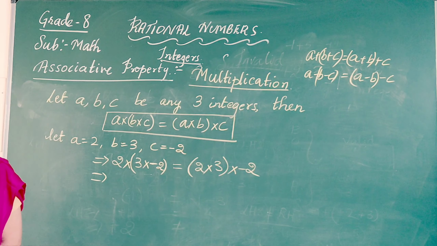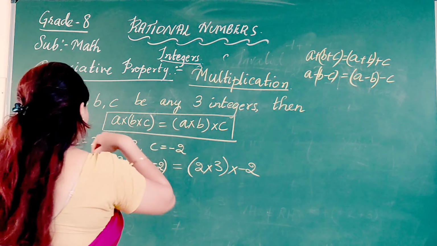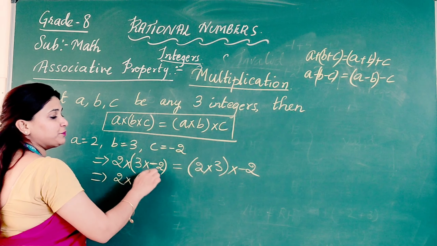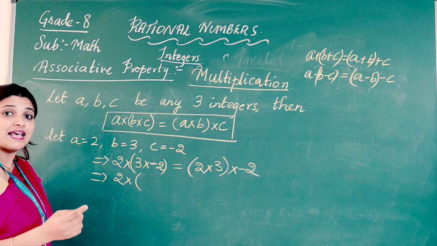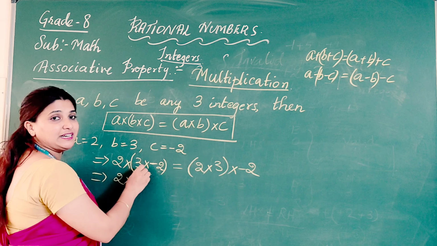So first, according to BODMAS, what do I have to do? I have to solve my brackets, correct? So write 2 as it is, multiplied by 3 into minus 2, which is what? Minus 6. 3 twos are 6, and put the minus sign. Why the minus sign? First I will multiply.